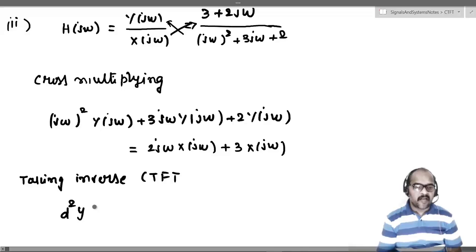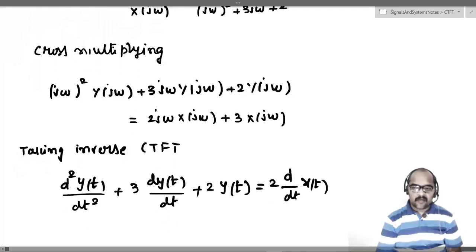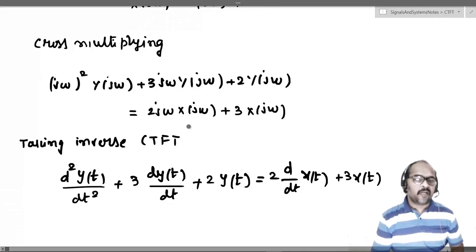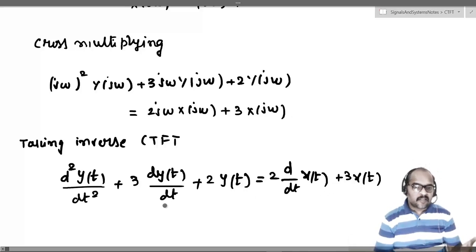We get d square y of t by dt square plus 3 times dy of t by dt plus 2y of t, which is equal to 2 times d by dt of x of t plus 3x of t. On the right hand side, j omega X of j omega means differentiating once in the time domain, and 3X of j omega has 3x of t as the corresponding signal. So this is the corresponding linear constant coefficient differential equation.